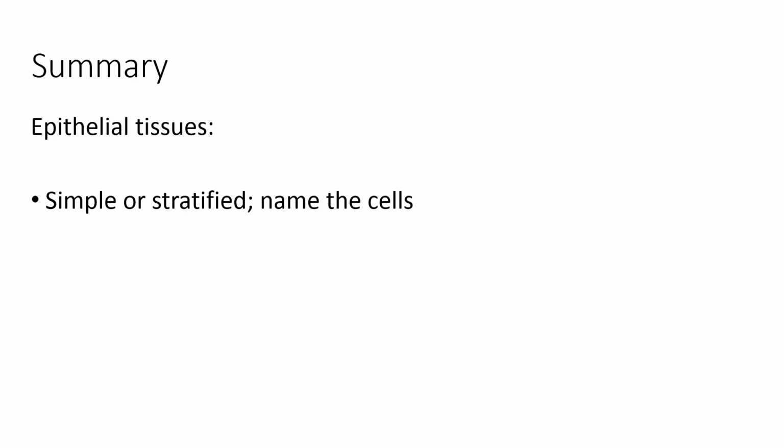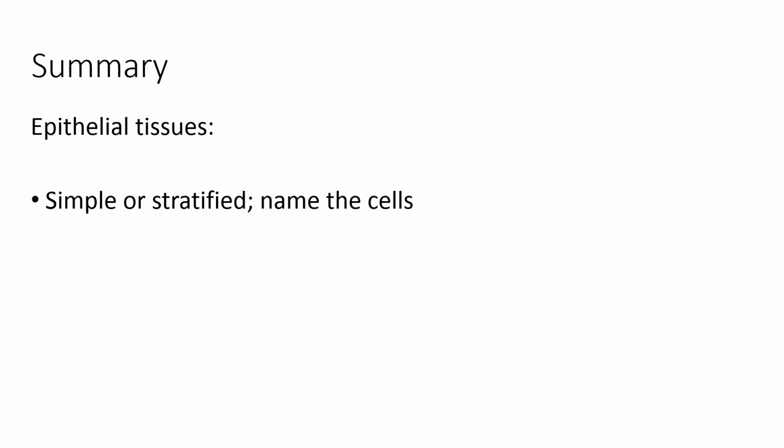Stratified means that there's more than one layer of cells, but we're only going to use the apical layer, the most superficial layer, to name the cells. So it doesn't matter what the basal layer of cells is, it's the apical cells that determine the name of the tissue. So if the basal cells are cuboidal, but the apical cells are squamous, then it's going to be a squamous epithelium.